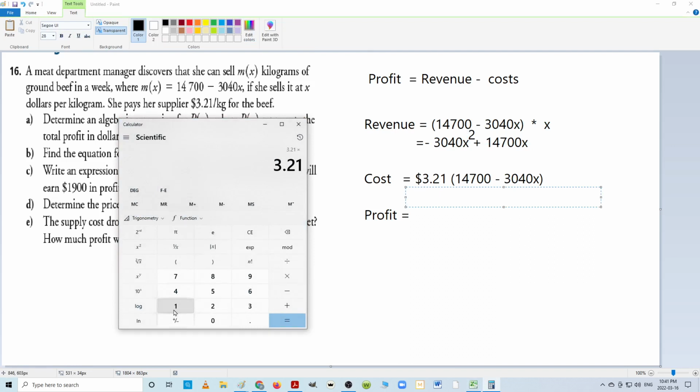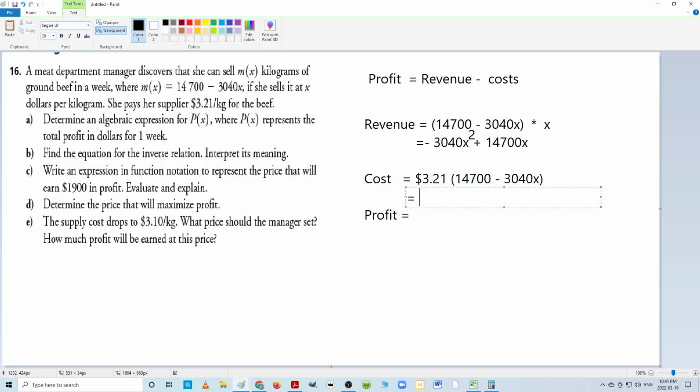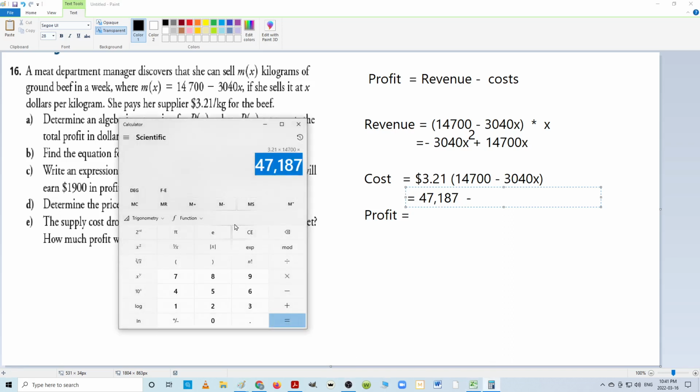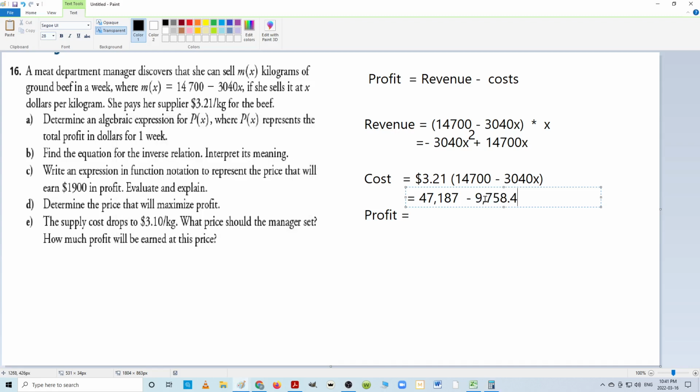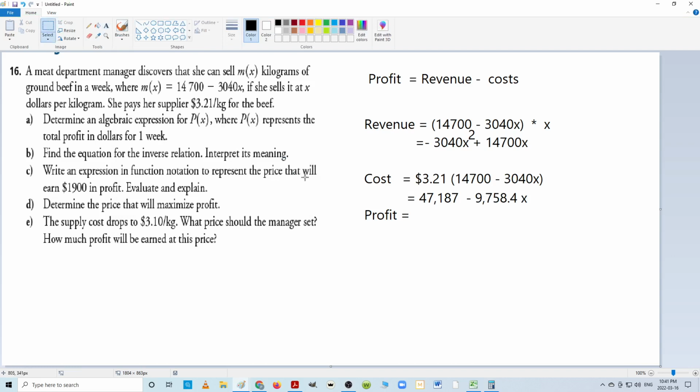It's a weird price that they've chosen because they've just made everything annoying. There we go. So we get that. Minus that x. And when I put them together, you get this.